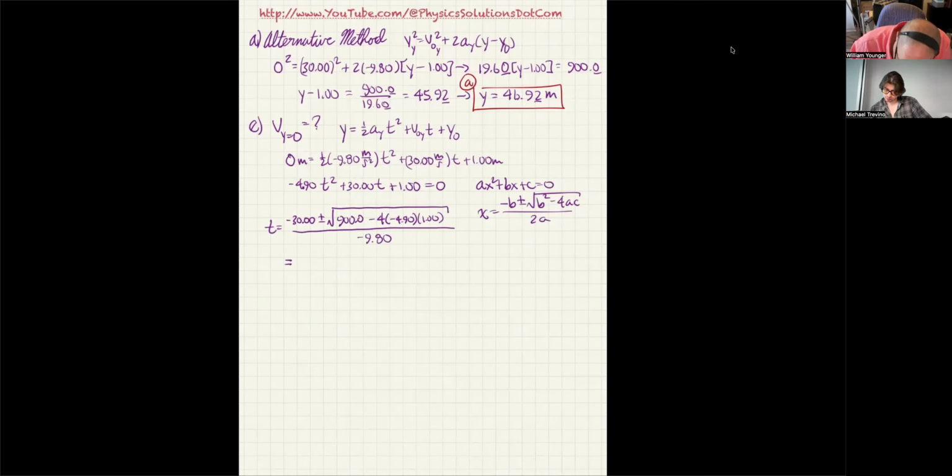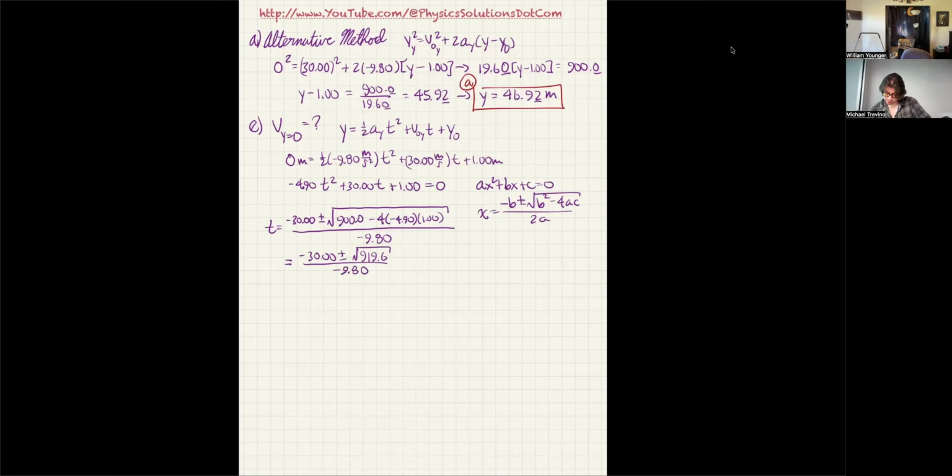Let me work out this. This is negative 30.00 plus or minus the square root of 900 plus 4 times 4.90 times 1, which is giving me 919.6. And then all this would be over negative 9.80.